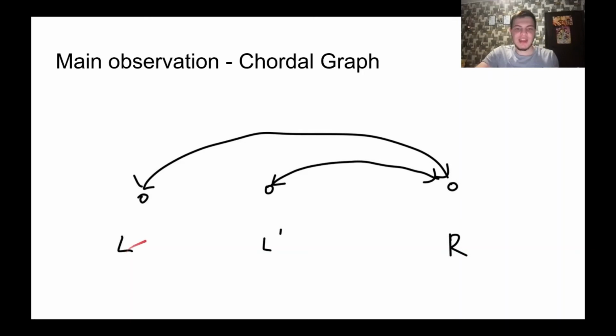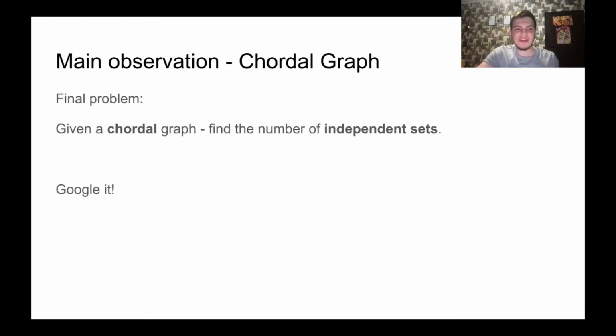You have an L, you have an L prime, and if you have this large chord, then you will definitely have this small one. If you have this large chord and this large edge, and also this edge, then you'll definitely also have this edge. And this is the main observation.